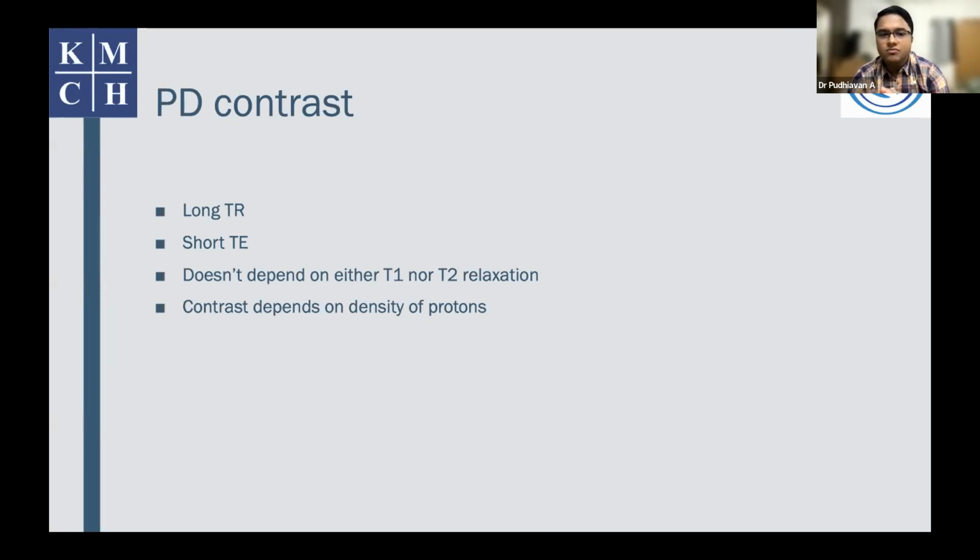This image will have neither T1 nor T2 weightage. Rather, the contrast of the image purely depends on the density of protons. So any tissue with a higher density of protons will give higher signal, without any difference in the T1 and T2 relaxation characteristics of that tissue. The image which we get with a long TR and a short TE is called a proton density contrast image.